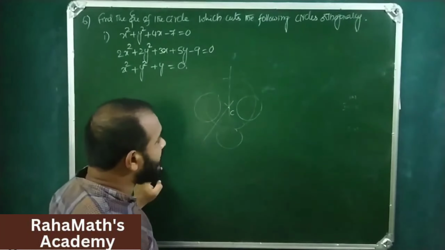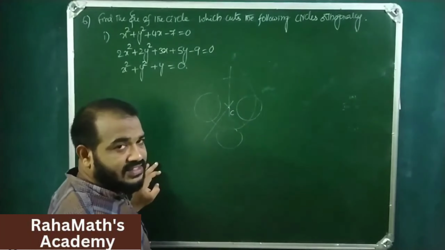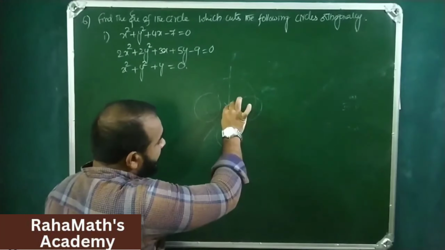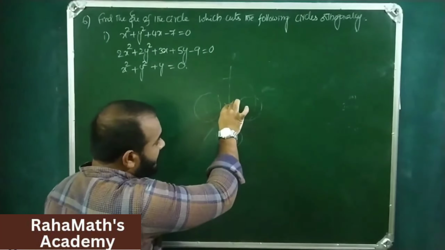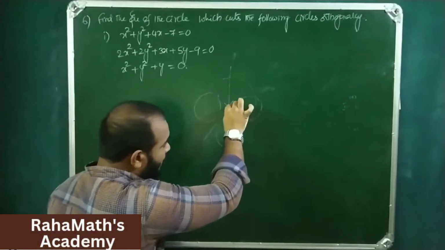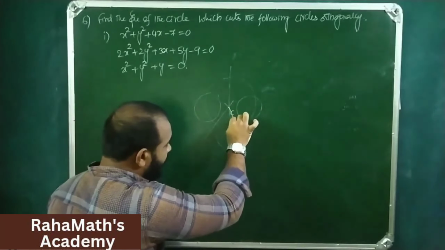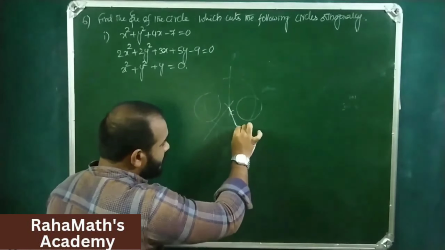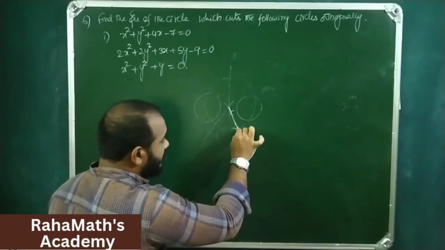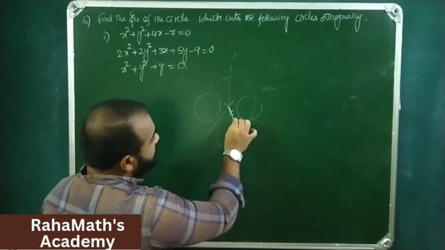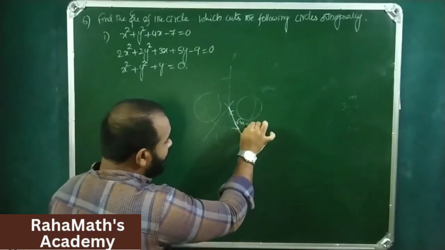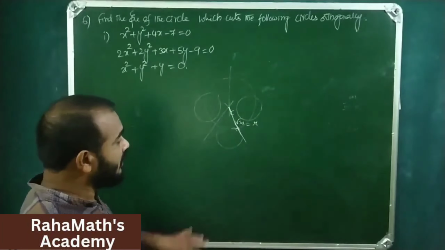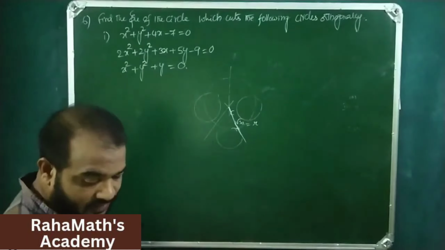Radius is nothing but the length of the tangent drawn from the center of this circle, that is the radical center, to any of the 3 circles. Let us suppose I have taken this circle, so this is root S11. This root S11 is nothing but the radius of the required circle. So, in this fashion, we will solve this problem.